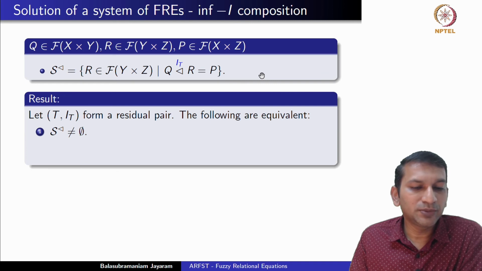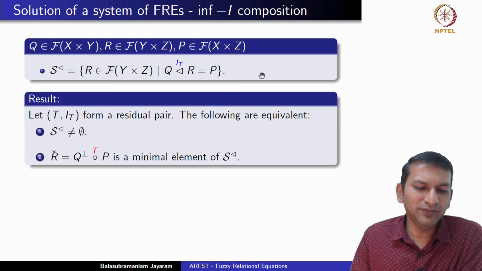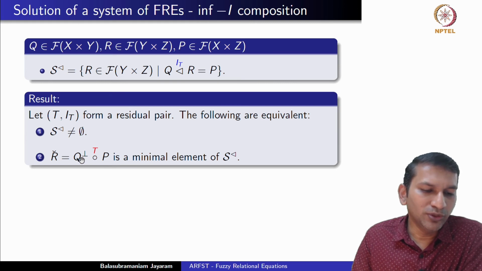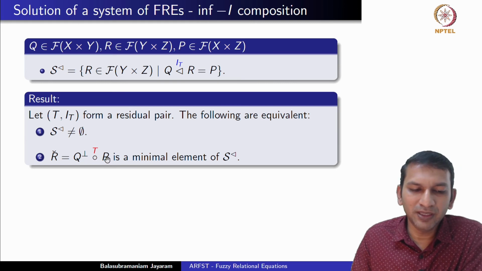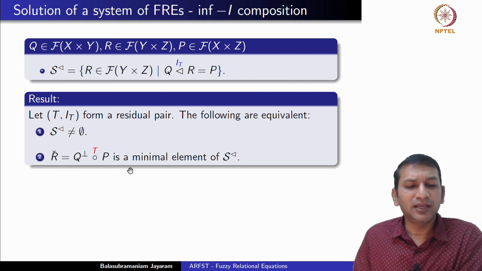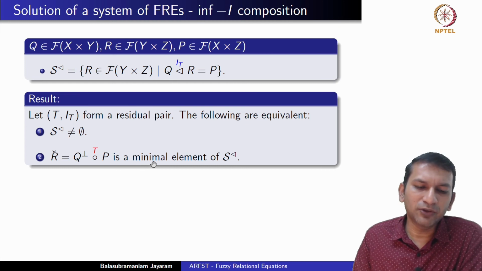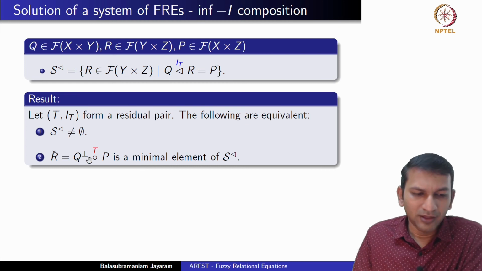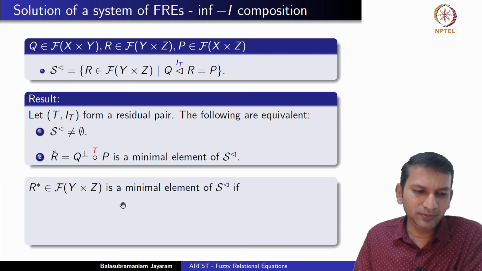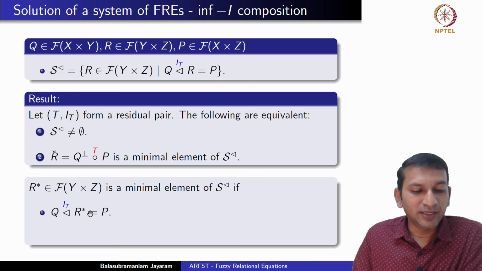So now this solution space is non-empty if and only if, you see here, we are introducing the sub-T composition, Q transpose with sub-T composition P, which we denoted as R check, is an element of this space and it is also a minimal element of this space. What do we mean by this? A minimal element of this space means a fuzzy relation on Y cross Z such that it also satisfies the equation.